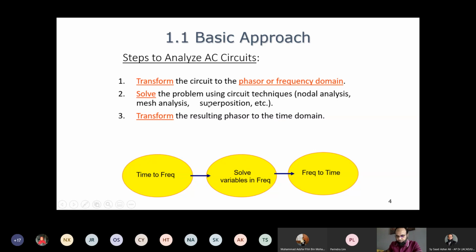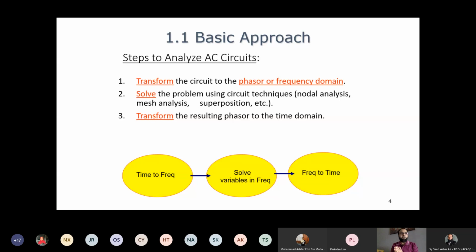Then we solve using all the basic things that we have learned from circuit theory, then transform the result back to the time domain. So it's just like this: time to frequency, then solve the variables in frequency, and frequency back to time.